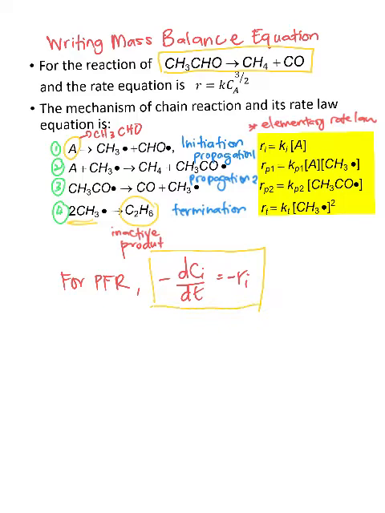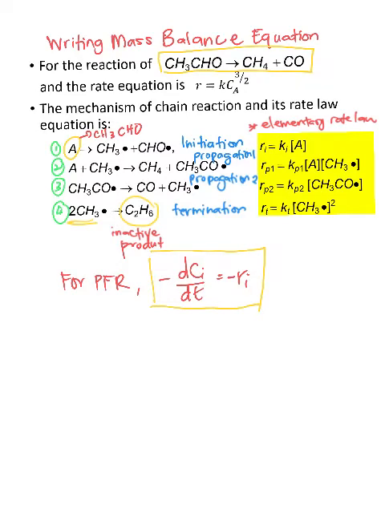This is the general mass balance equation for PFR, an equation you have learned in reaction engineering 1. Now we need to write the mass balance equation for each species involved in the reaction, only the active species.